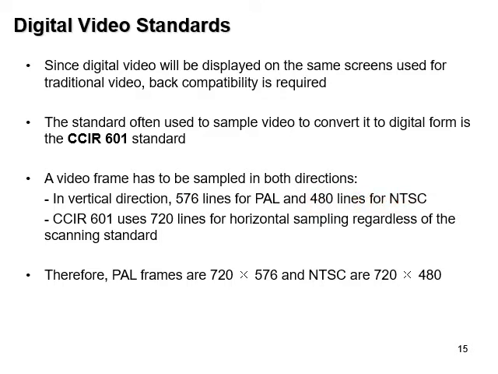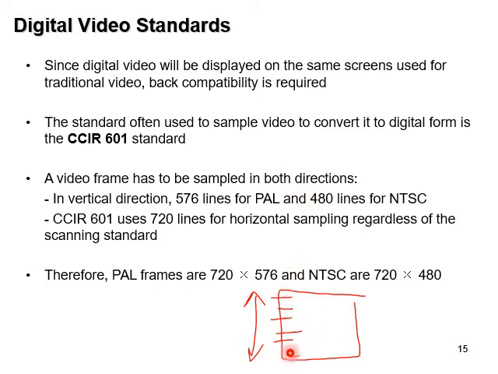If I draw the frame here, we're talking about this dimension, the number of lines. If that video originally is PAL, you'll have 576, and if it's NTSC, you'll have 480.